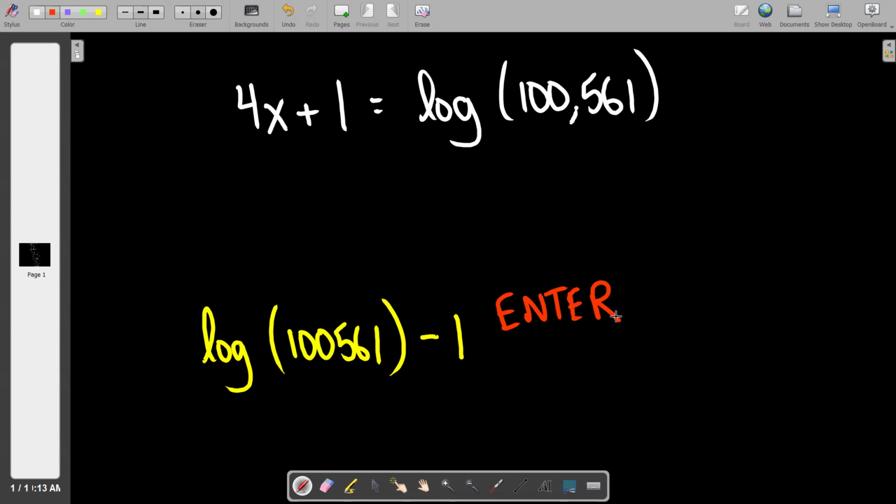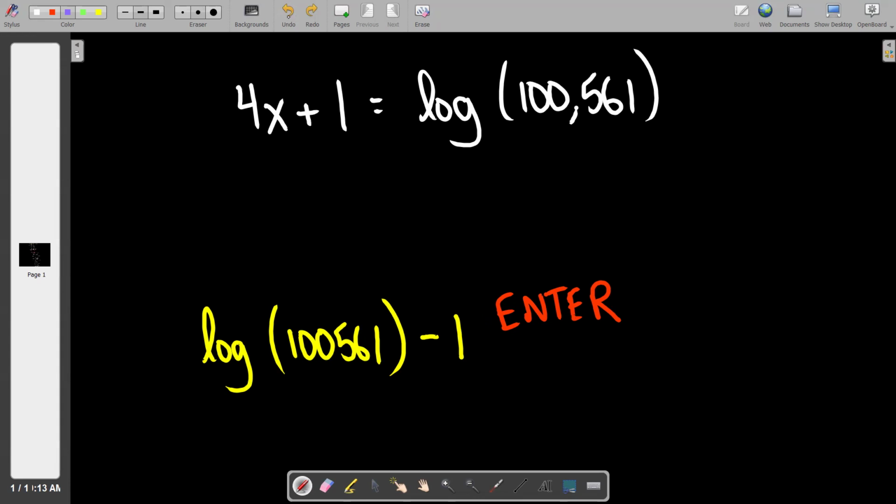Then, with that decimal sitting on our screen, what do? Right, then we divide by 4. If you don't want to press enter, I will just say this because someone's going to ask, could I have put this in parentheses? Yes, but most people don't want to do that. So it's safe just to hit enter when you know we're supposed to calculate or plus or minus.